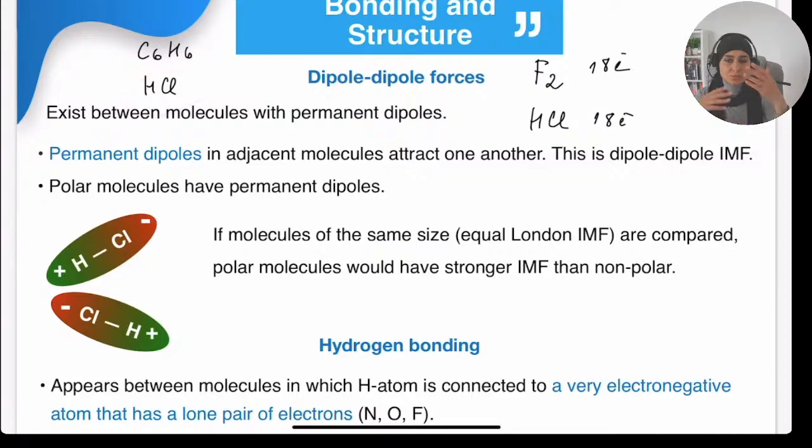There's no way you can predict it, and even when I was trying to come up with the example, I'm not sure that's the correct example. But in the question they would tell you that molecule A has a higher melting or boiling point than molecule B, and if molecule A happens to be non-polar, well, then that's it.